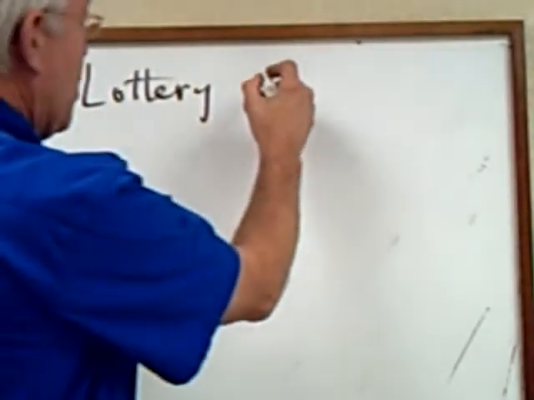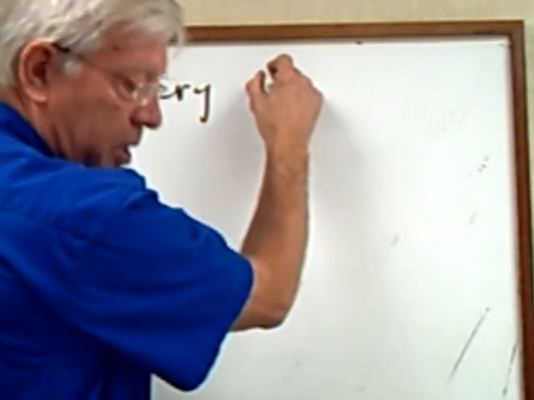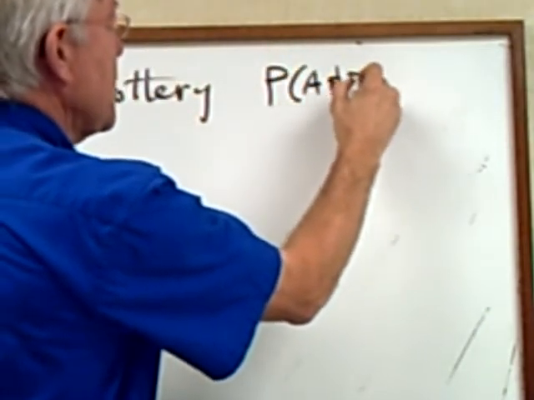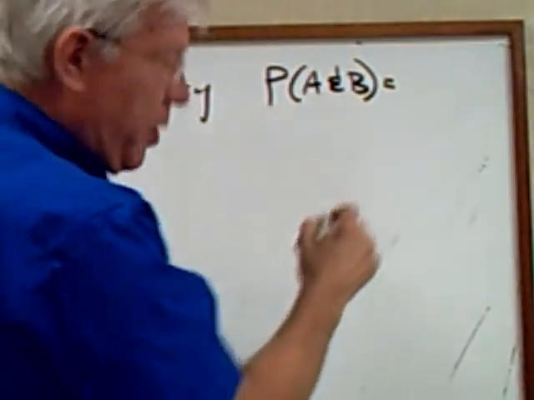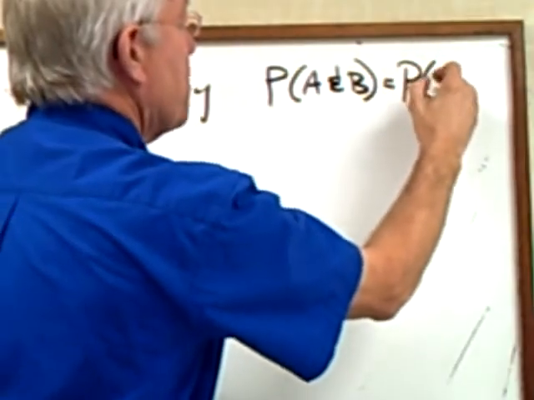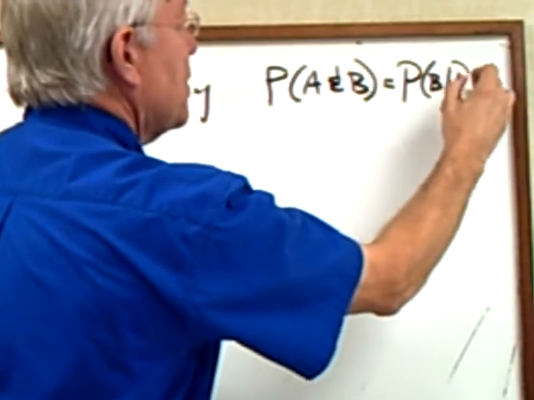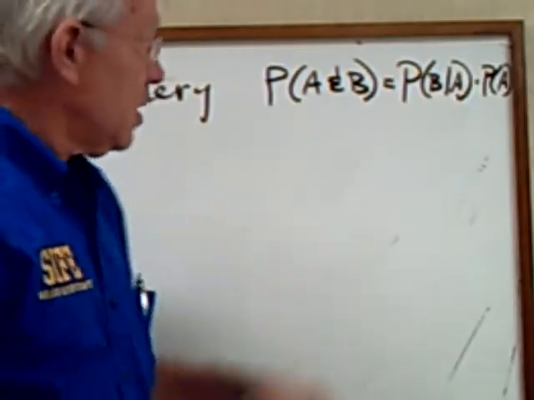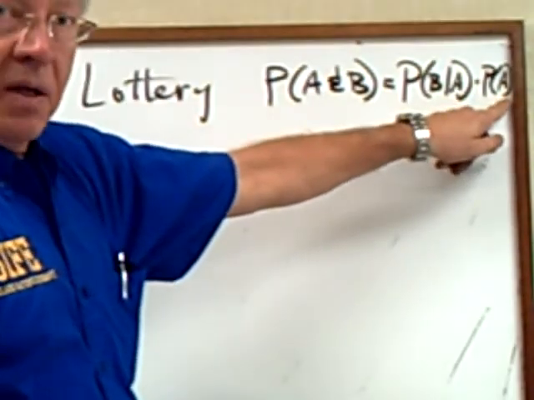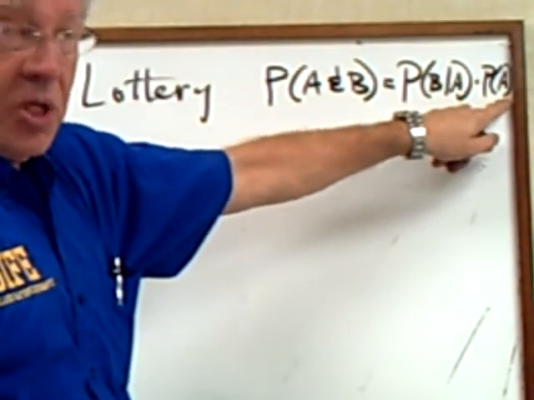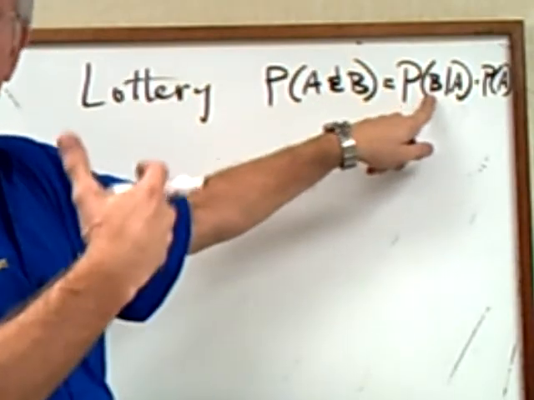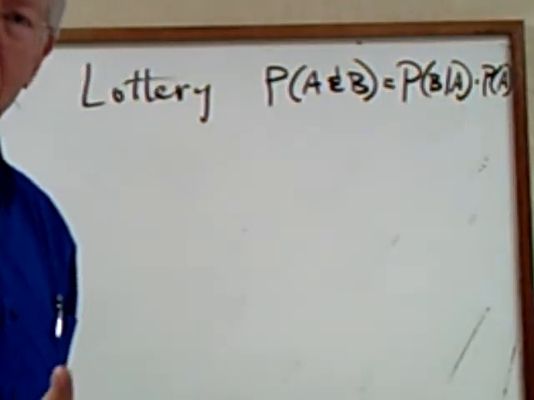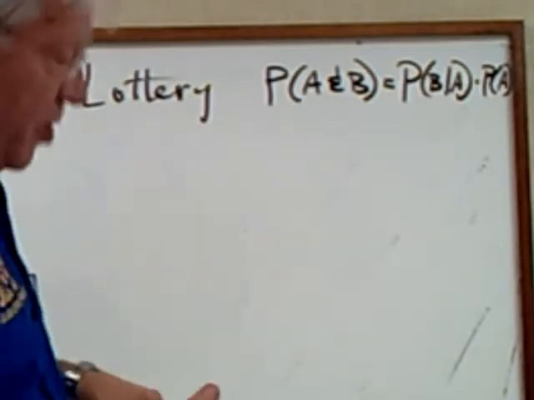And we know that our basic rule is that the probability of event A and B is equal to the probability of event B, given that A has happened, times the probability of event A. And we're going to let A be our first pick. One of our numbers shows up, and B be, on the second pick, the probability that another one of our numbers shows up, and these are independent.